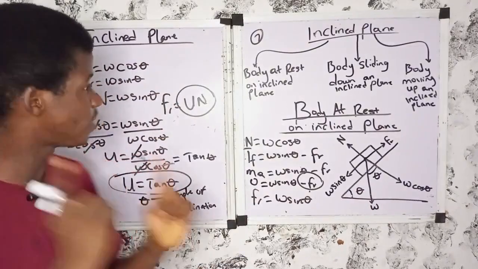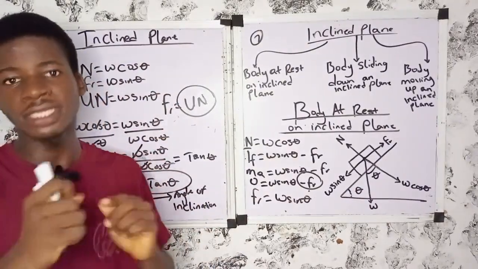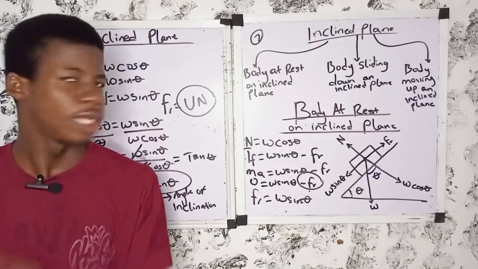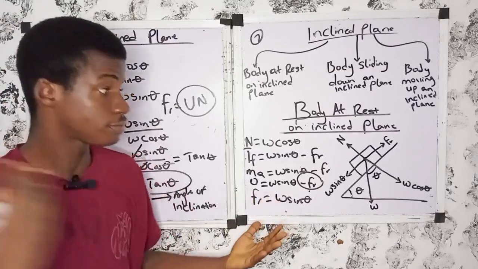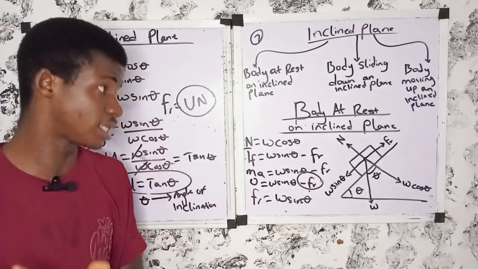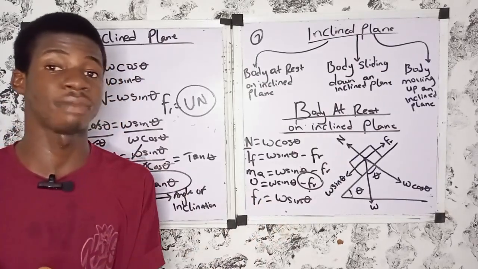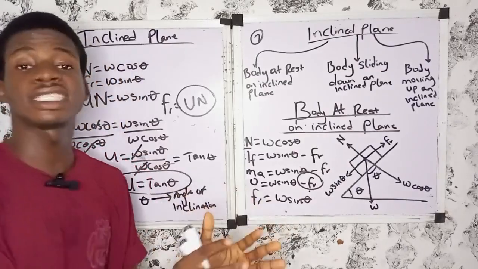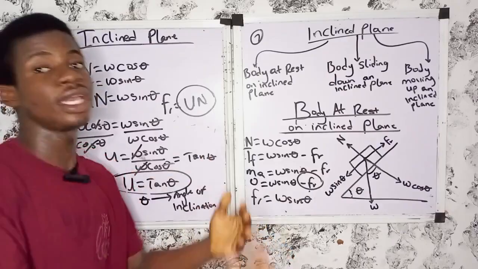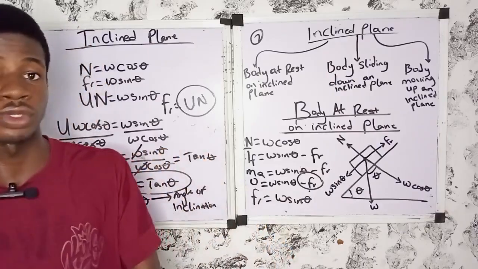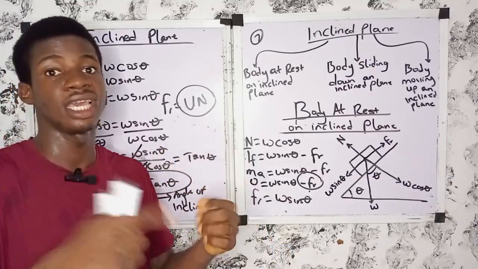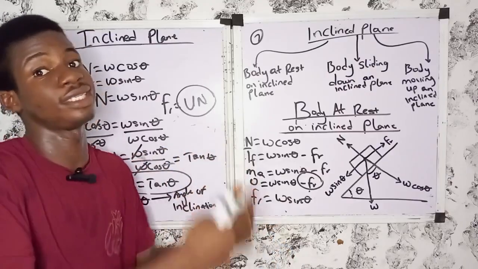Now take note, this is very important. At the point of sliding down, remember from previously when I was teaching you about friction, under static friction, I told you that when the pull force increases, the static friction also increases.